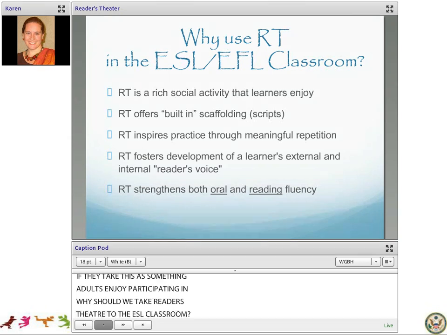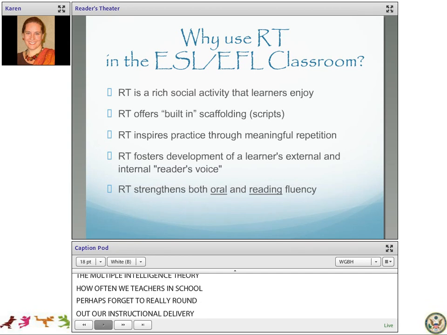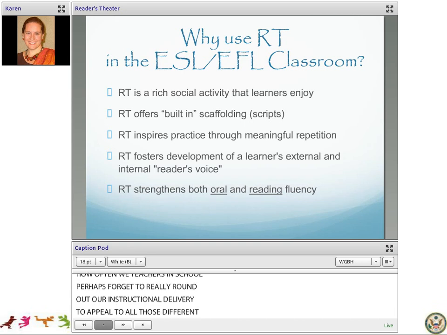Along these lines, I think of Howard Gardner's multiple intelligence theory and just how often we as teachers in schools perhaps forget to really round out our instructional delivery to appeal to all of those different intelligences. So in this case, we're talking about interpersonal intelligence that we often think of as the time that we talk to each other or engage in group activities. But this is a little bit more structured as an interpersonal learning activity.